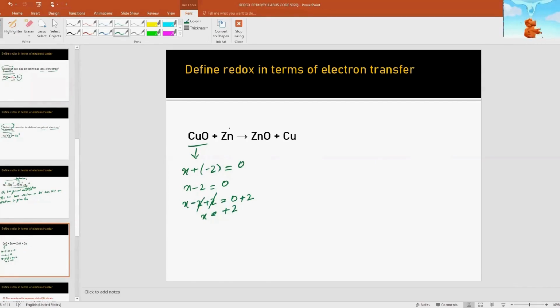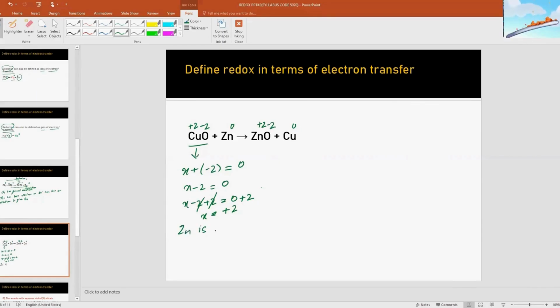Zn carries 0 charge. I've already explained that on the product side, the charge on Zn will be calculated by taking -2 for oxygen and 0 for the whole compound. We will get +2. We also know that Zn carries +2 charge. It carries fixed valency. Therefore, Zn has undergone oxidation by losing 2 electrons.